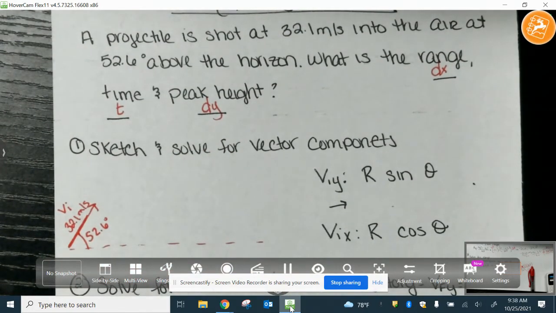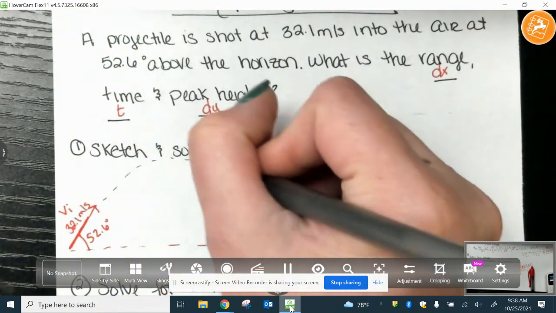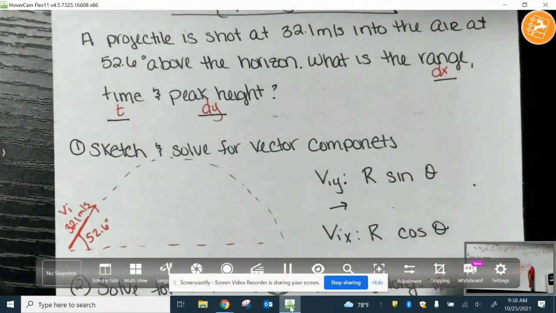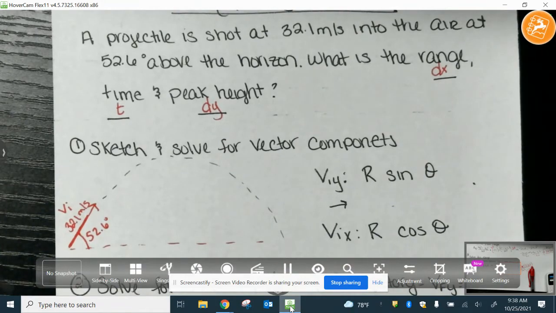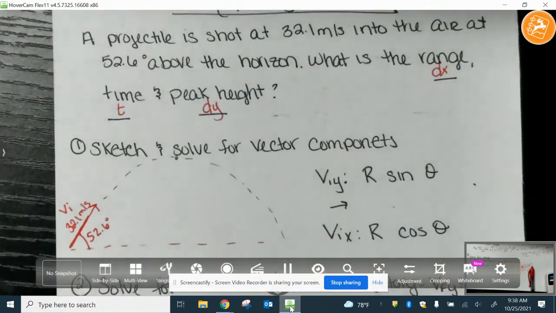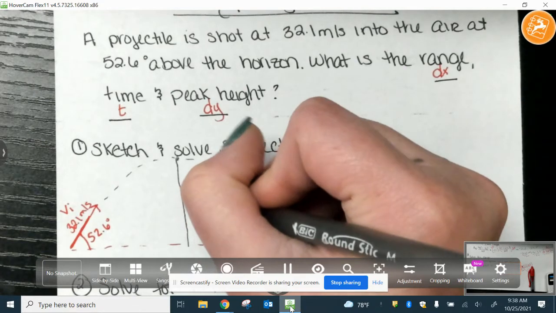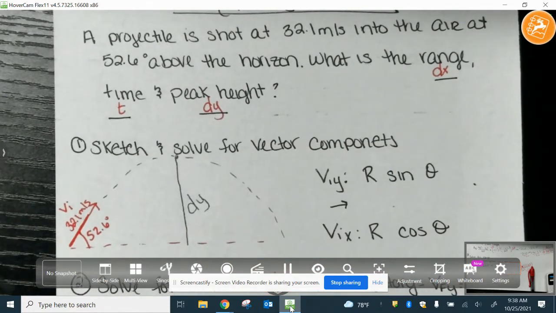But that is not all that I'm asking for when I say sketch it. So let's look at the path of this projectile. It's going to go up, super tall. It's going to come down. This would be my max height. This would be my dy.